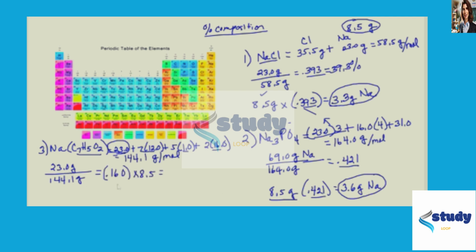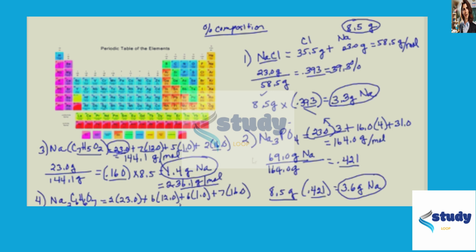And that fraction ends up being about 16% or 0.160 as a fraction of sodium in the sodium benzoate. Let's multiply that by the 8.5 gram sample size, and we end up getting about 1.4 grams of sodium this time, much less than the other examples, that we'd expect to be present in that sodium benzoate example.